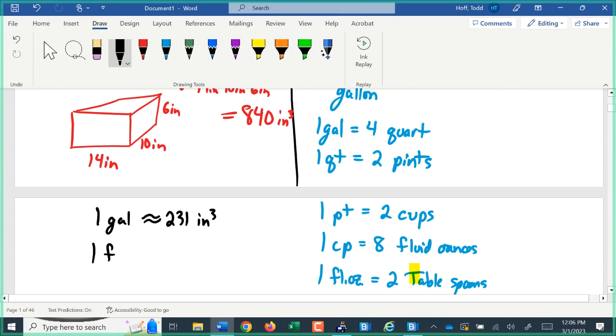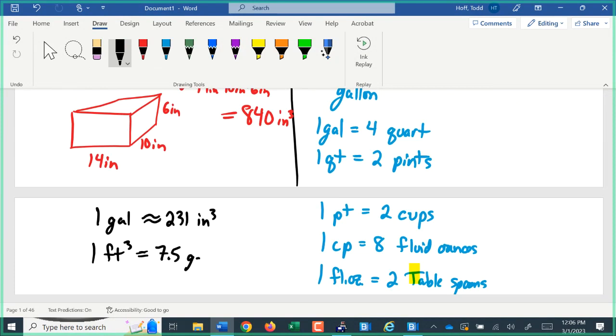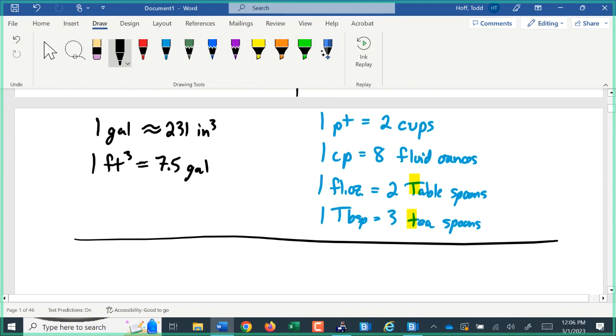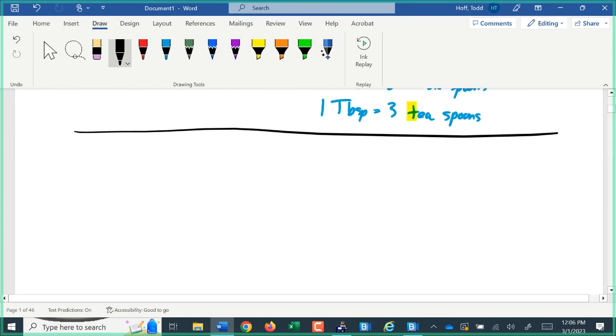And 1 cubic foot is obviously bigger than a gallon. It's about 7.48 gallons, which is closer, but for most of what we do, 7.5 gallons is close enough. So you can see there again, those conversions are just not very neat because the units were never intended to work together.